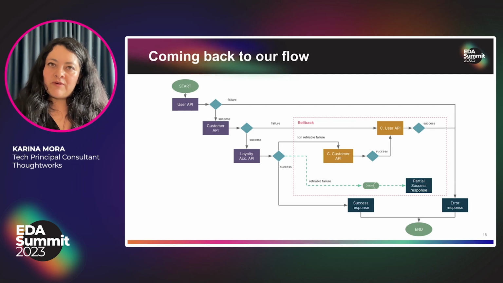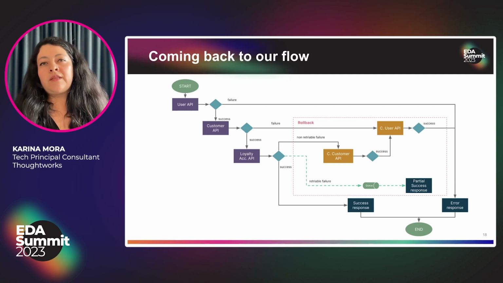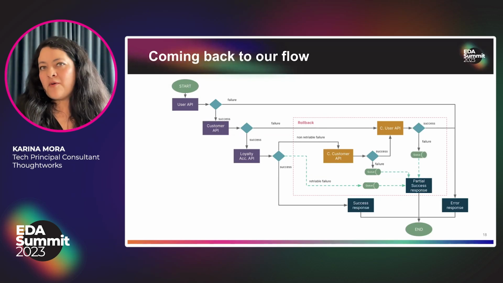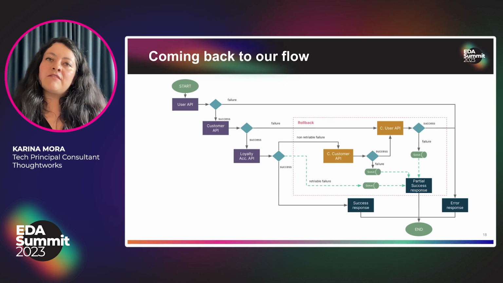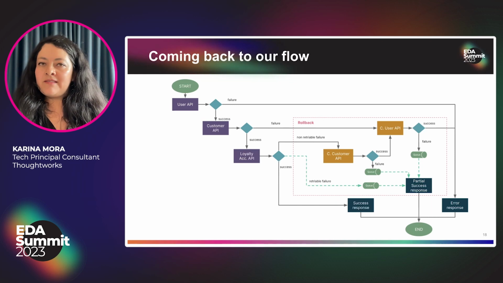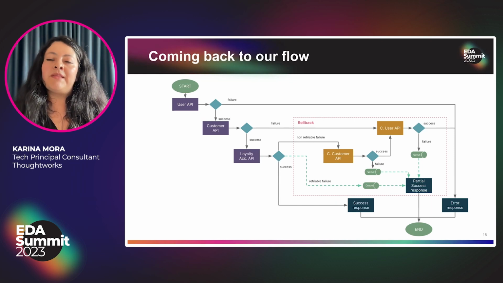Configuring the number of retries, as I commented before, and configuring the fallback response, we were able to try again, to try this in this async way and return a partial success response. With this partial success response, we were able to continue the flow. And what was more important for us also was that these mechanisms allow us to handle the scenario of what happens if a compensation action didn't work.